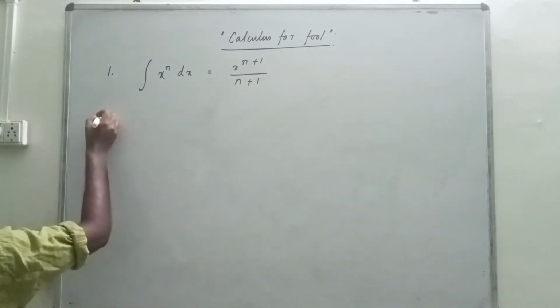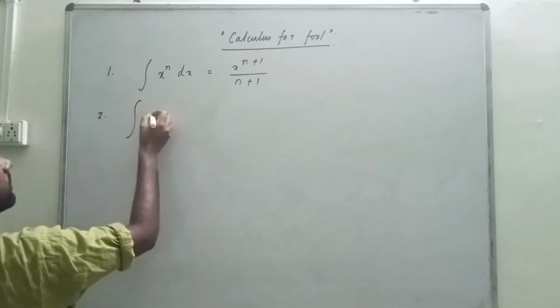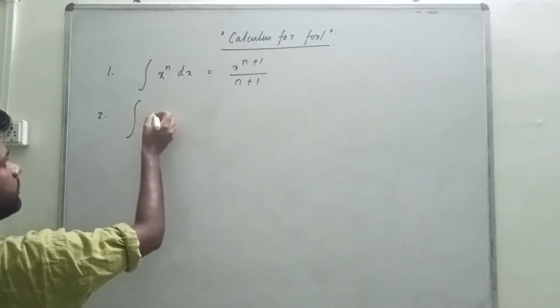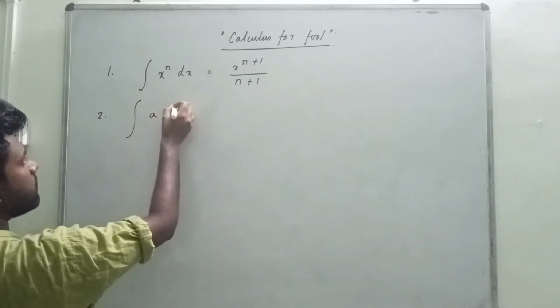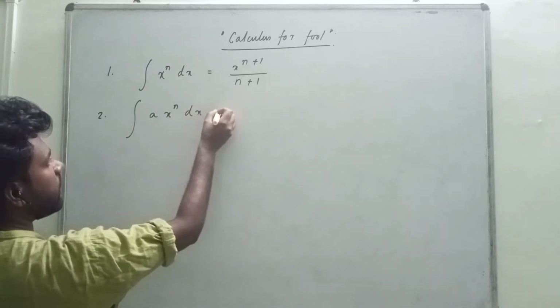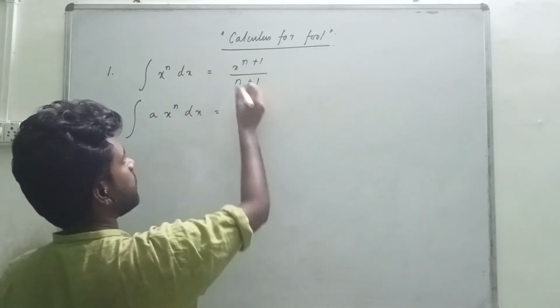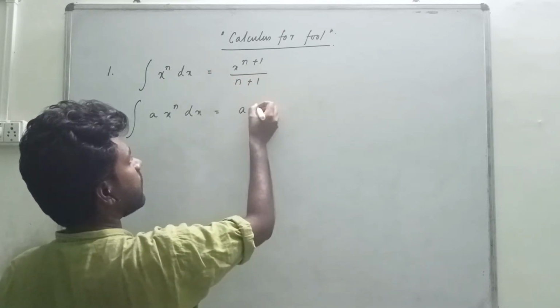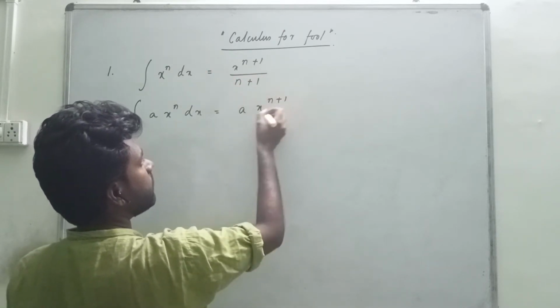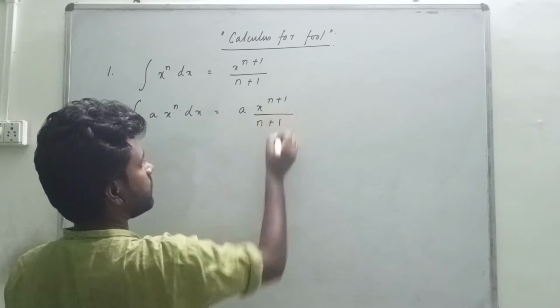Number 2 was the integral of some constant times x power n dx. The constant remains constant and x power n is simply x power n plus 1 by n plus 1.